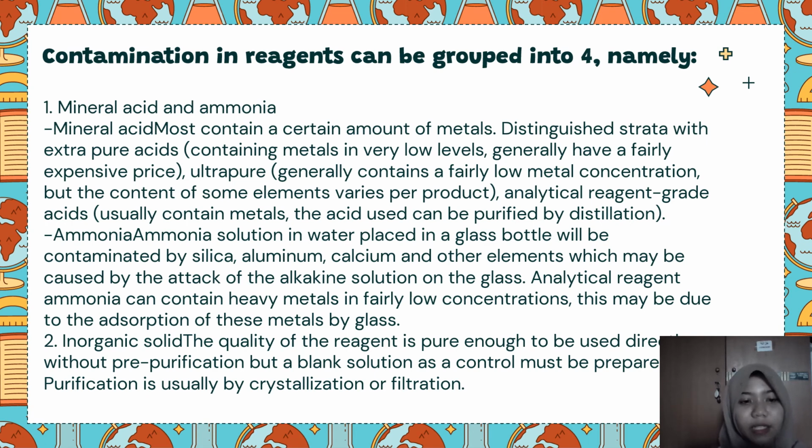And the second, inorganic solids. The quality of the reagent is pure enough to be used directly without purification, but a blank solution as a control must be prepared. Purification is usually by crystallization or filtration.